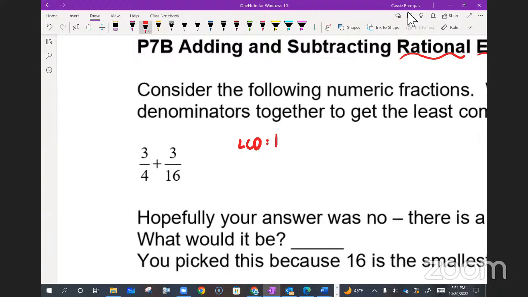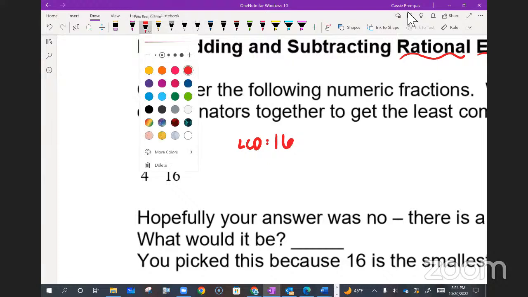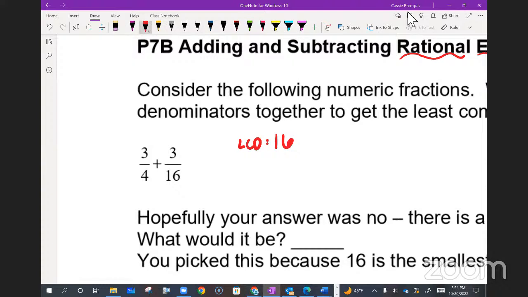Hopefully you said the least common denominator, or you can say the smallest number that both of those will multiply into, is 16. Now, an easy way to look at this is to break down 16 and look for something that is already shared in the other denominator. So if I break 16 into 4 times 4, I can see that they both already share the 4. So essentially, I would need to multiply by what's missing.